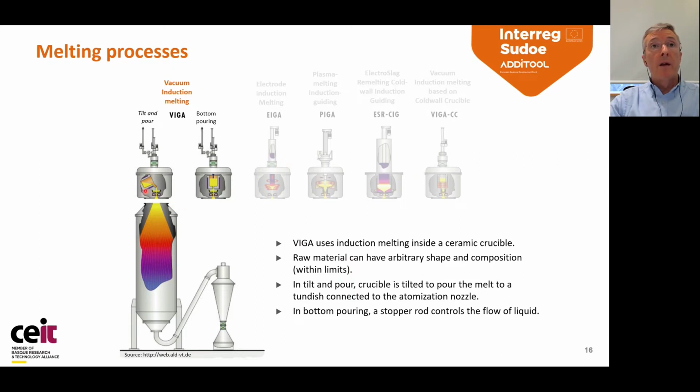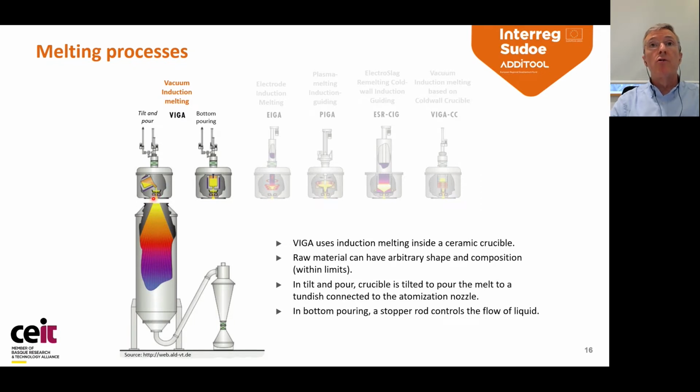And you can use either a tilt and pour mechanism, in which you pour the liquid to a tun dish and it goes to the atomization chamber, or a bottom pouring, in which a stopper rod controls the flow of liquid. Each method has pros and cons. But these methods have serious issues when you try to atomize very reactive metals.